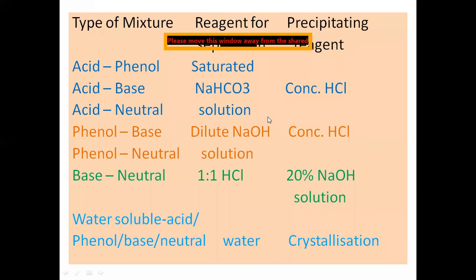Same time you have the solid mixtures, and further I will tell you what you have to do after separation of these mixtures. You will get two separate compounds. Then you have to dry them, weigh them, and take the melting point of these compounds. There is also purification, so that we will discuss in the next lecture.